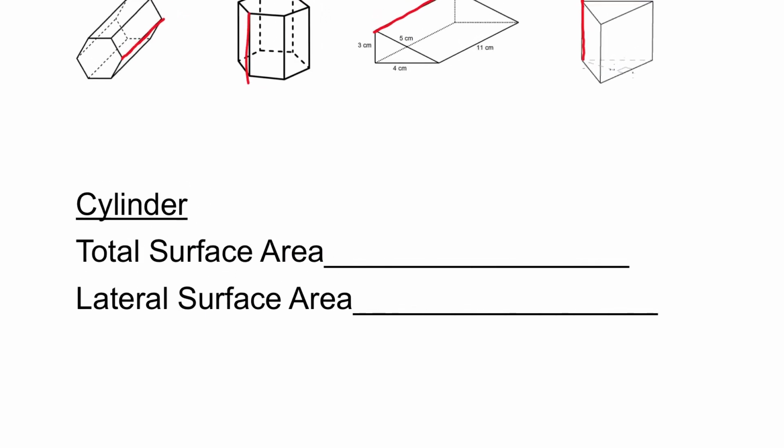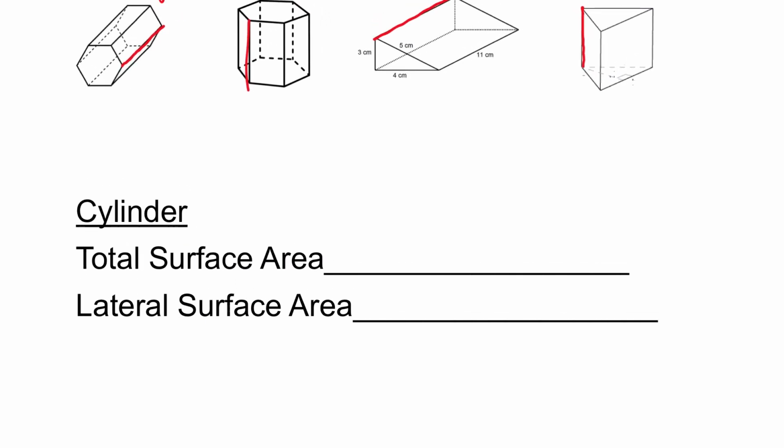Okay, so we talked about cylinders yesterday also. Total surface area of a cylinder is 2 pi r squared plus 2 pi r h, and lateral surface area is just 2 pi r h.